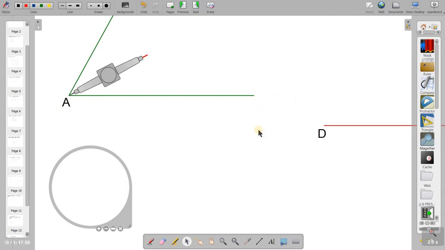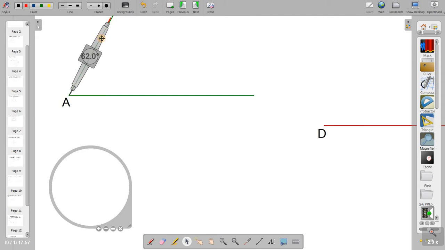Now I will fix the compass for some distance. I will take the distance in such a way that it is less than the smaller of the two arms of the given angle. The horizontal arm is longer and the other arm is shorter, so I will keep a distance in the compass which is less than the smaller arm. So it is okay now.